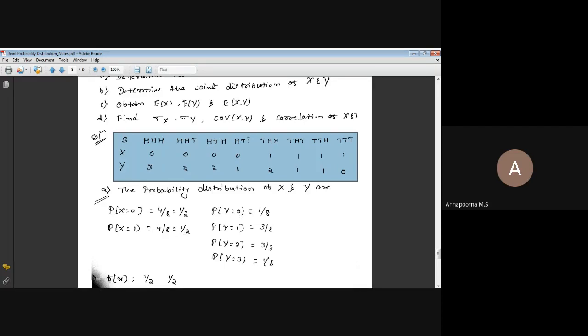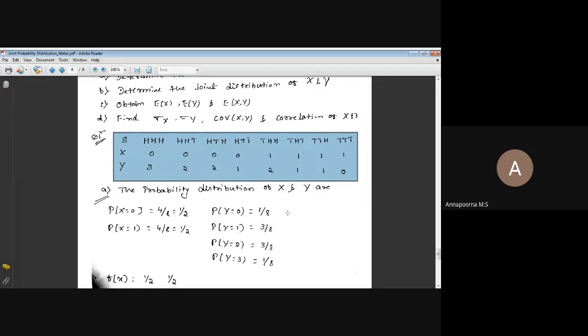But here y will be taking 4 values. See here, y has the values 0, 1, 2, 3. So probability of having y as 0 is, see here, there is only one case where y is 0 out of 8 cases. So therefore it is 1 by 8. Similarly, probability of y having 1 is 3 by 8.